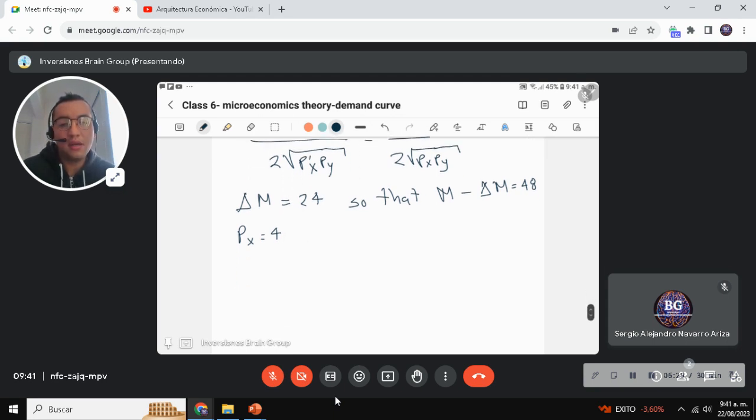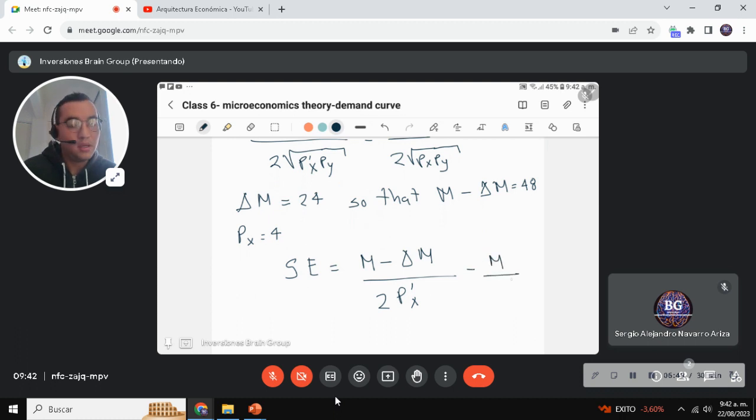In terms of algebra, the substitution effect is equal to m minus variation m divided by price prime x, minus m divided by price x.